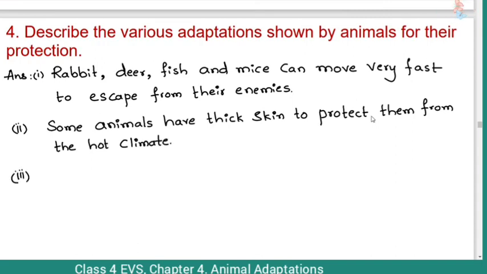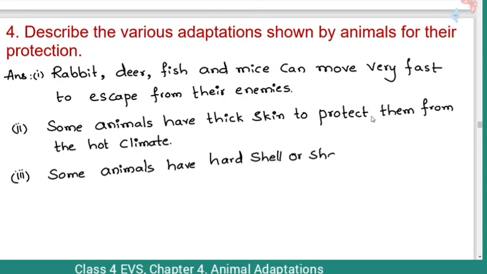Third, some animals have hard shell or sharp spines for protection.